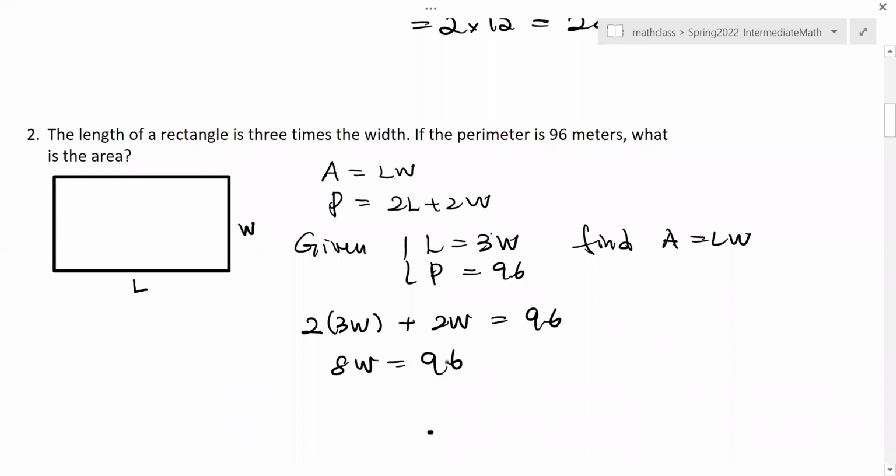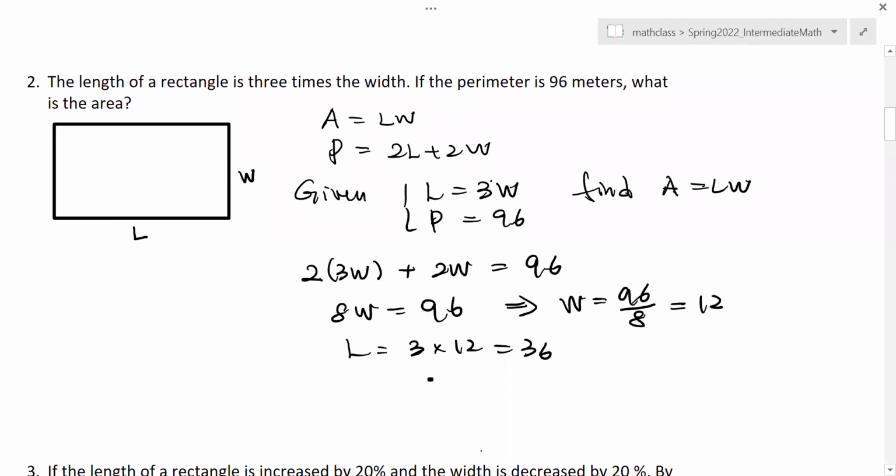Then you get 8W equals 96, so W is 96 divided by 8, which is 12. Once you get 12, L is 3 times W, so it's 36. Step by step, so if we make mistakes, the teacher can see which step you made the mistake in. The area is going to be L times W, so 36 times 12, which is 432. And don't forget to put the units there.